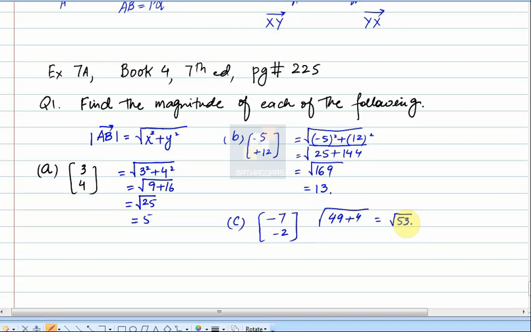You can write it in decimal or you can leave it in the root form. Both answers are correct. Part D, it's 0 and -6, whole 1 upon 2. You need to find out the magnitude of this vector. You need to do it by yourself, so start.